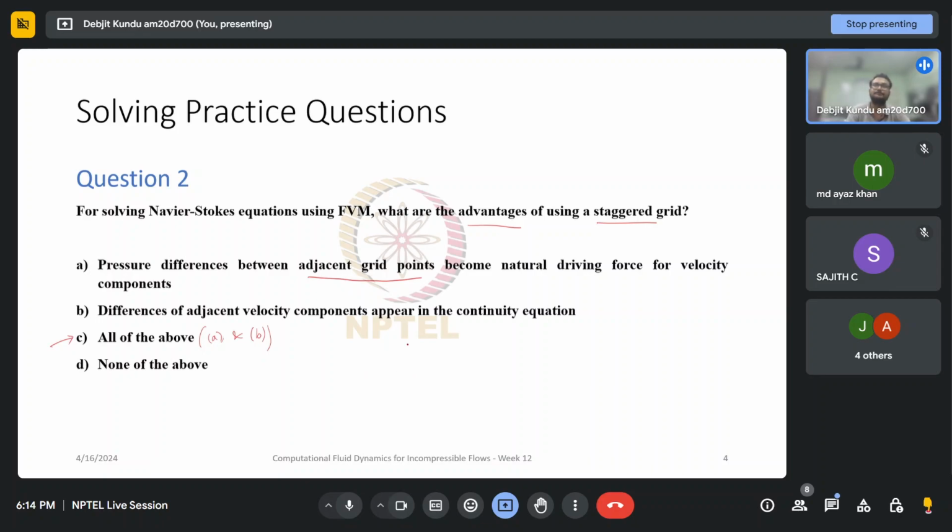Pressure differences between adjacent grid points become natural driving force for velocity components. Differences of adjacent velocity components appear in the continuity equation. Or is it option C, all of the above?